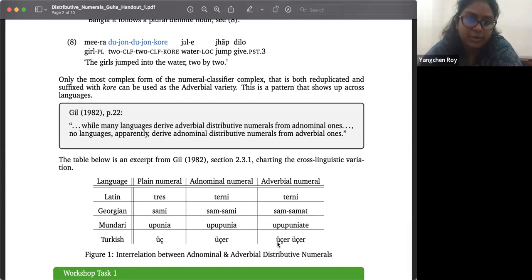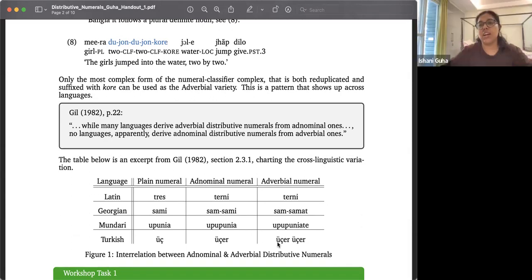Right. That is what morphologically we are looking at, because that is not apparent from some of the languages. For example, in English, I have not given English examples in this handout, because there is some debate over what are the distributive numerals.